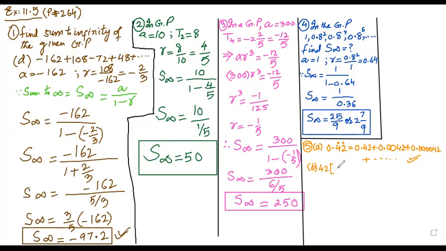So the series will become 0.01 plus 0 point, then three zeros and 1, plus 0 point, then four zeros and 1, and so on.